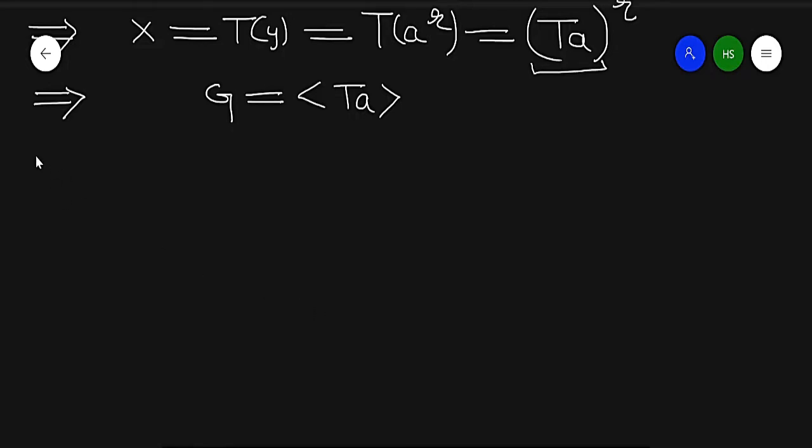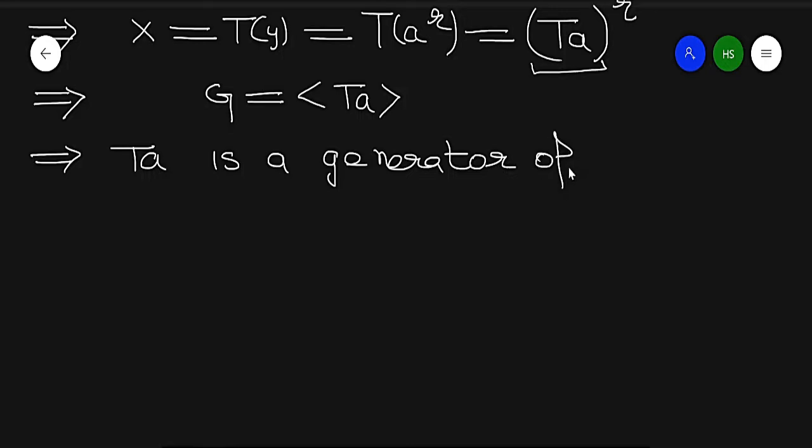So it implies this T(A) is a generator of the cyclic group G. Now what is G?